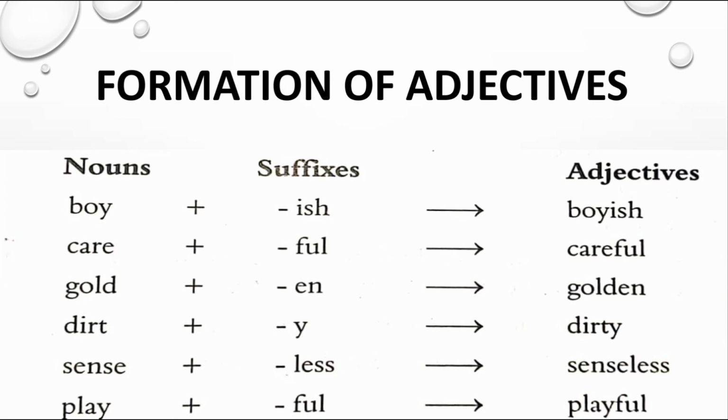Boy plus ish: if we add ish to boy, it becomes the adjective boyish. Same here: care plus ful is careful. Gold plus en, golden. Dirt plus y, dirty. Sense plus less, senseless. Play plus ful, playful.